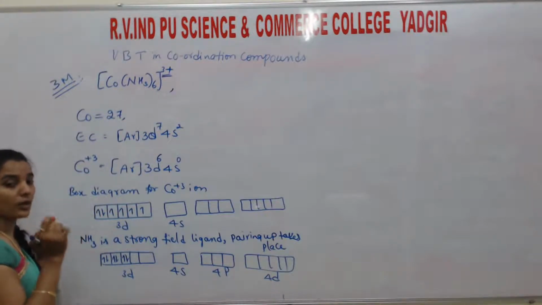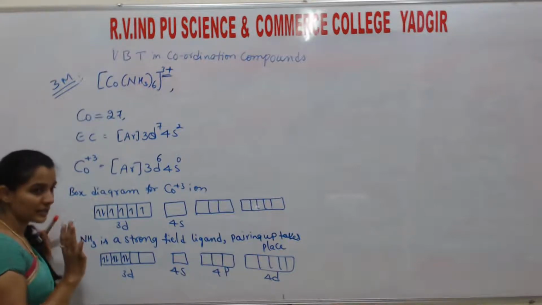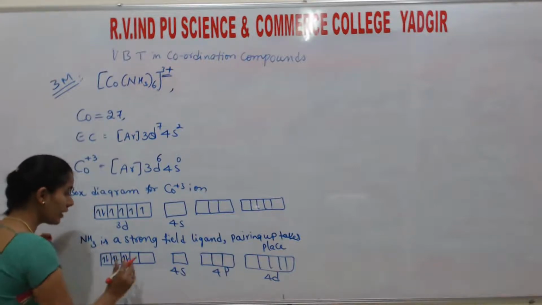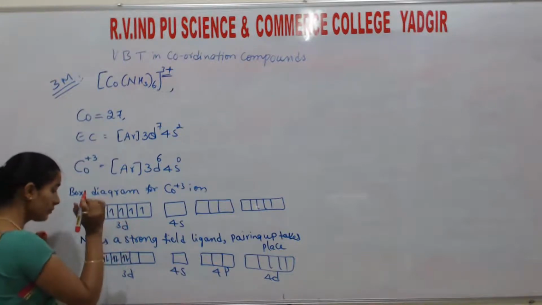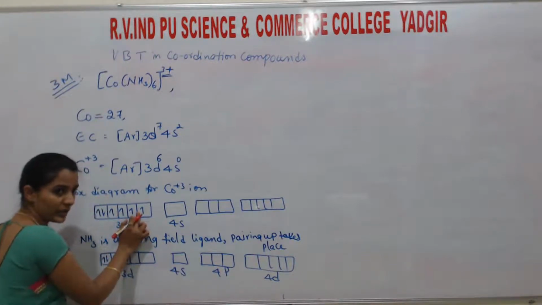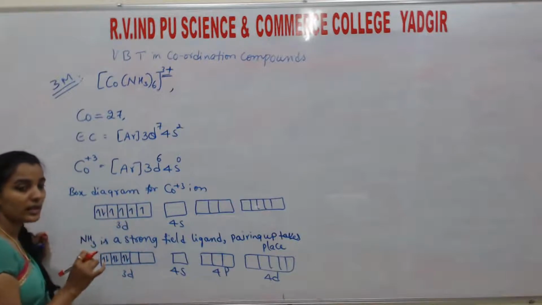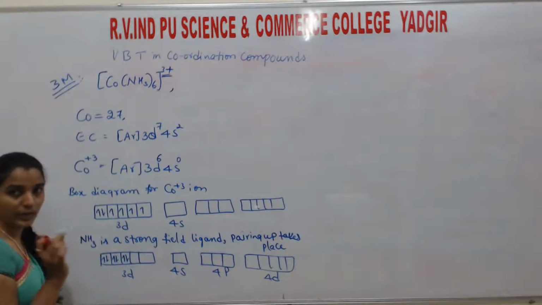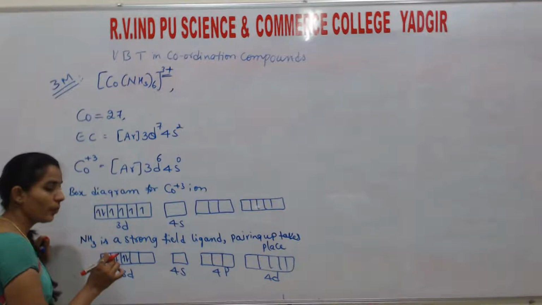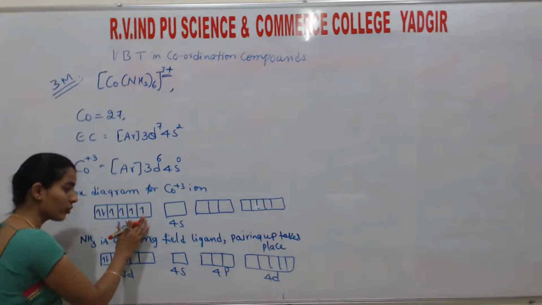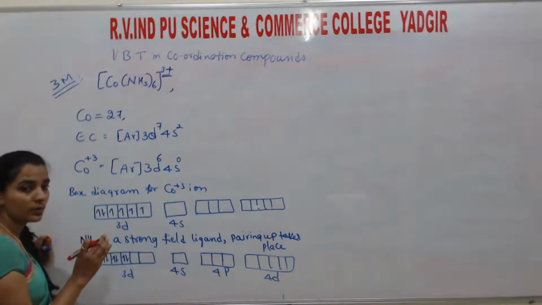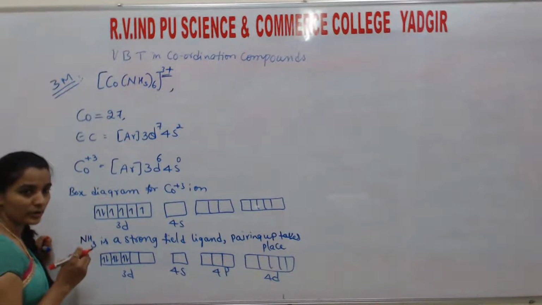Here the secondary linkage is how much? 6. It means the cobalt should possess 6 bonds, including this empty orbital. You have to choose empty orbitals here. If at least one electron is present, we cannot choose it as an orbital. Understood? In coordination compounds, we want completely empty orbitals.